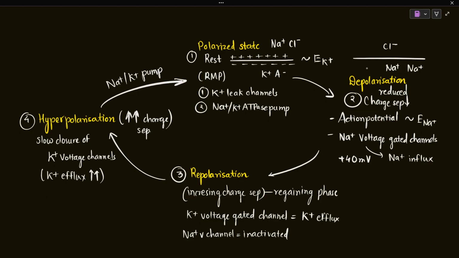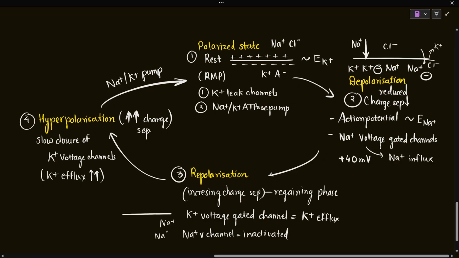Some chloride ions will slip inside the cell, but the concentration of chloride is still more outside. And the membrane is impermeable to the anions, so they cannot move.